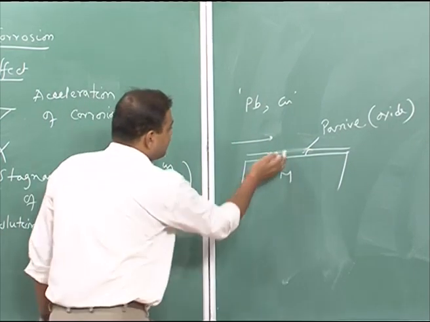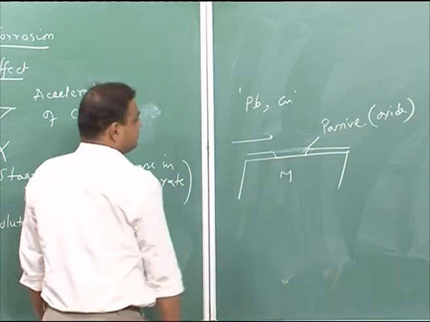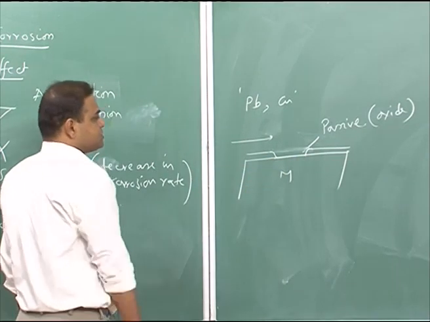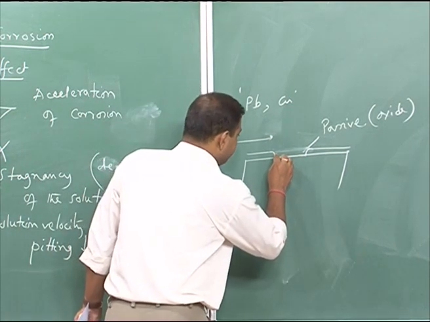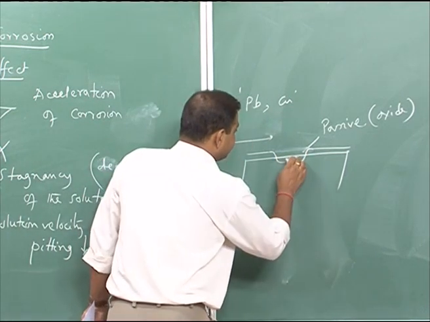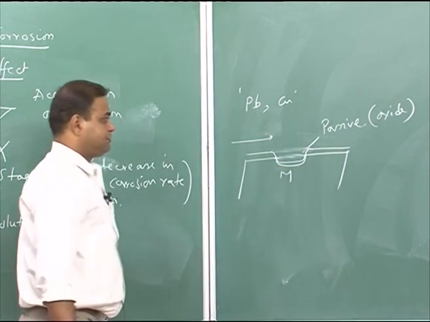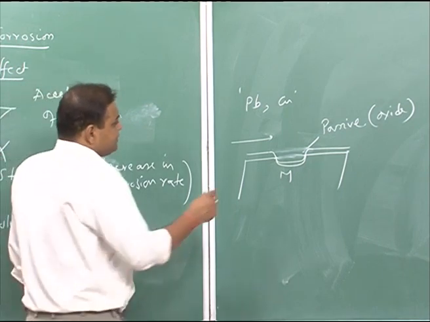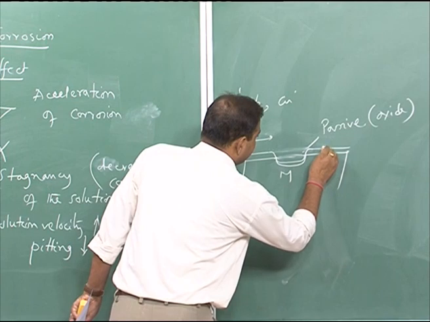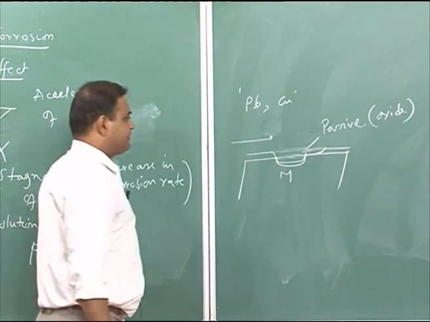Once there is a localized removal of the passive layer, that means the metal surface is exposed to the solution, and before another passive layer forms, by that time there could be a little more dissolution like this. Now, the second phenomenon would be this part, there could be a little more chipping away of this passive layer.